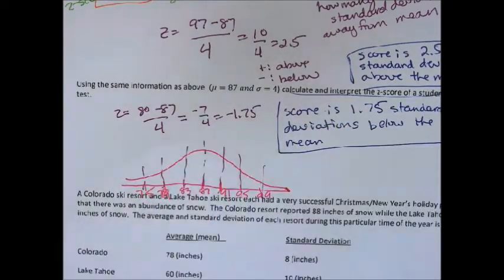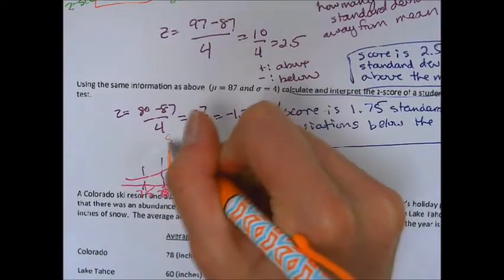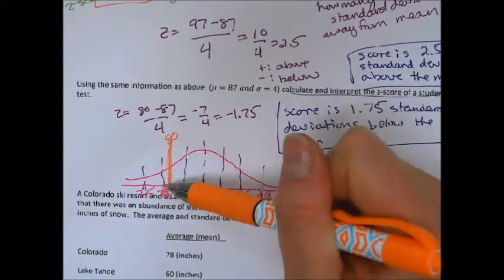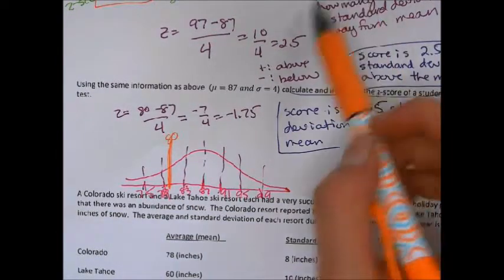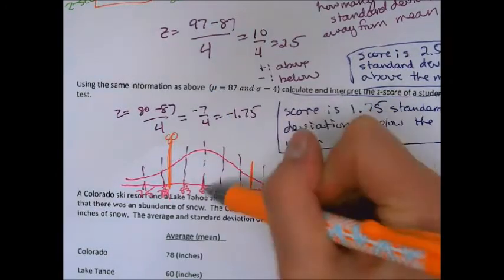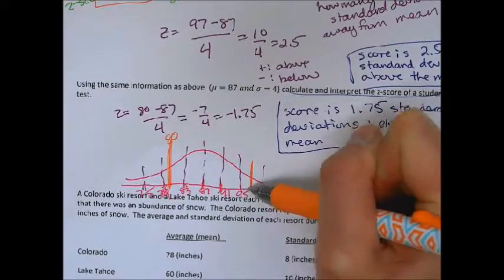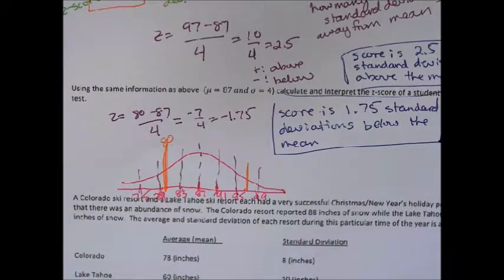So 80 is right here. And look, this is about 1 3/4 away from the standard deviation. Let's look at the other one. This other one was 97. 97 is right here. So from the mean, we're 2.5 away from the mean. So that's what our z-score is telling us.